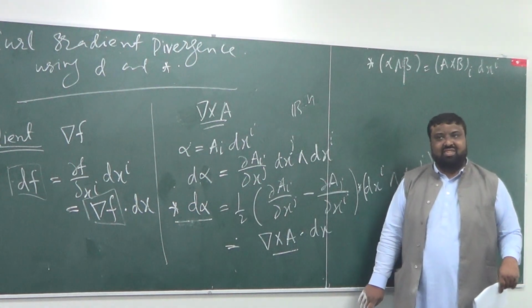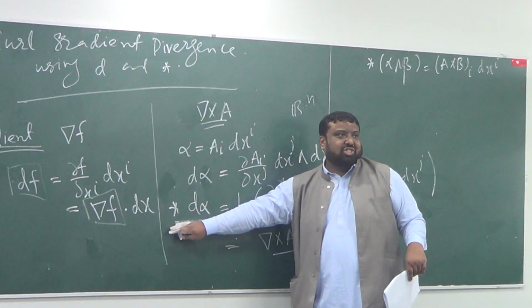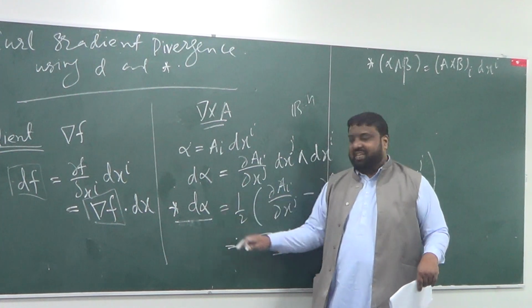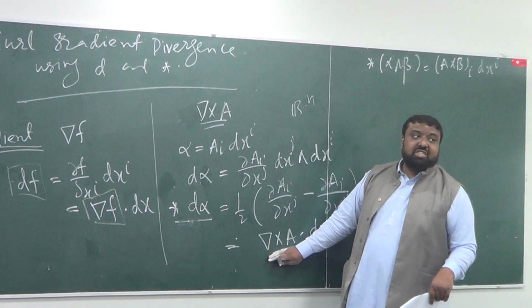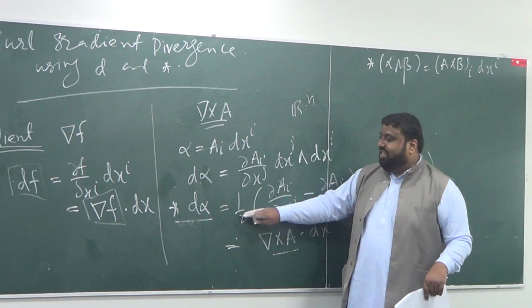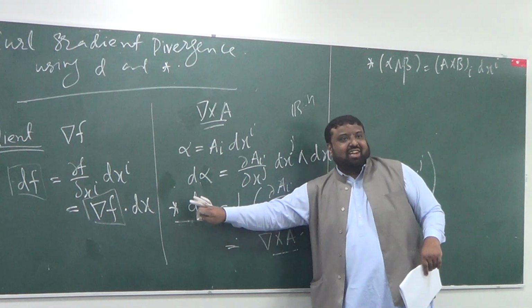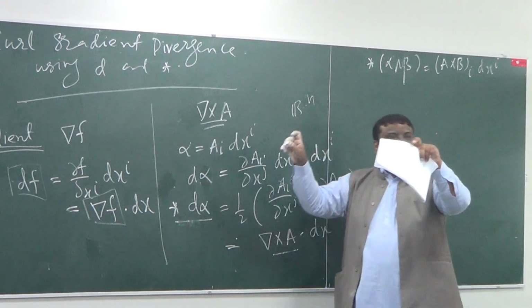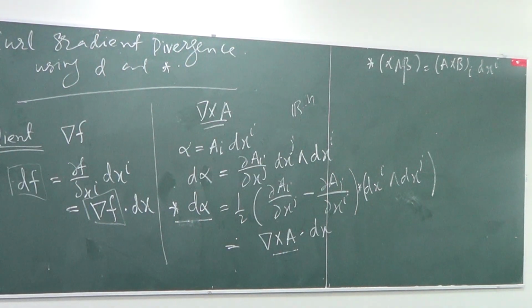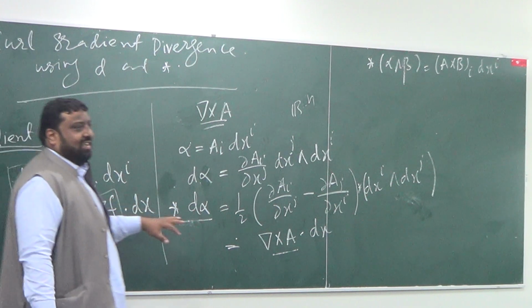Because it meets our intuition of curl in 3 dimensions, I know that this notion is restricted to 3 dimensions, but not the notion above. So I can treat star d alpha as a kind of abstract curl in higher dimensions, because we are extending this notion. You can argue precisely the same thing for the gradient, which exists in higher dimensions as well. So that's not too interesting, but this is interesting.